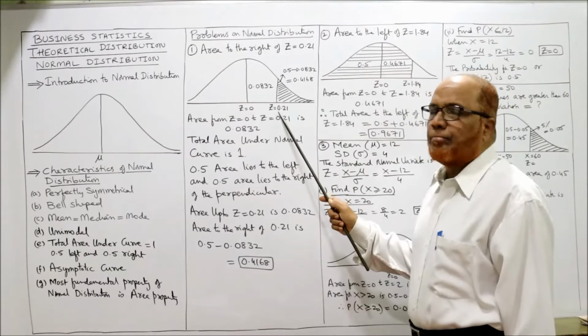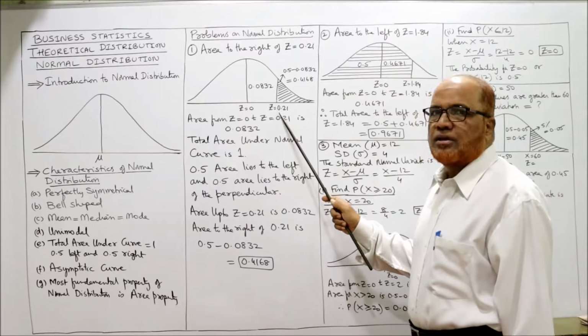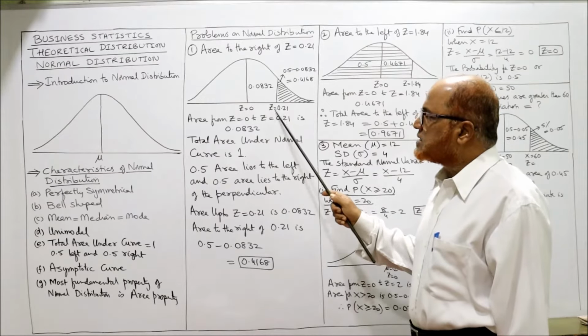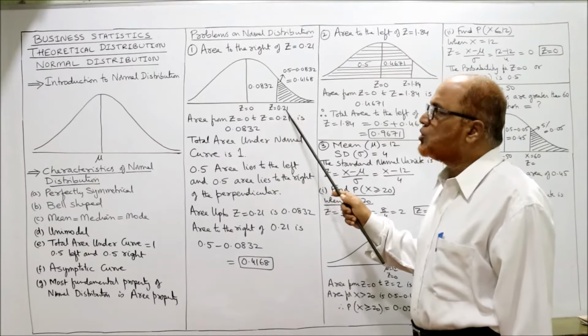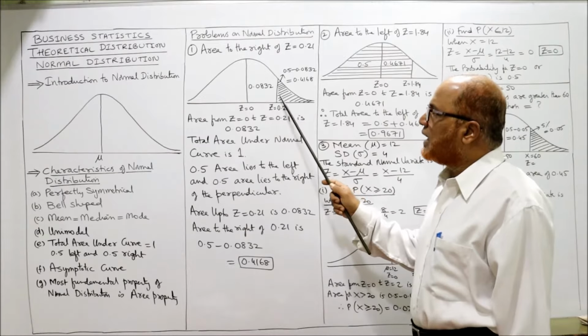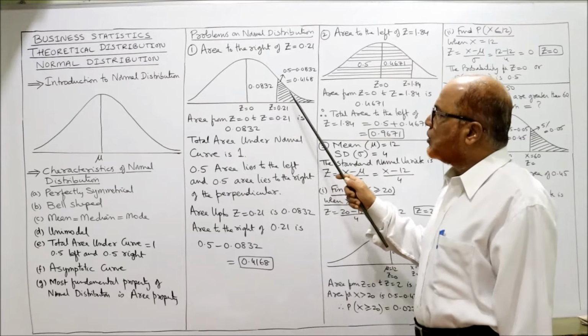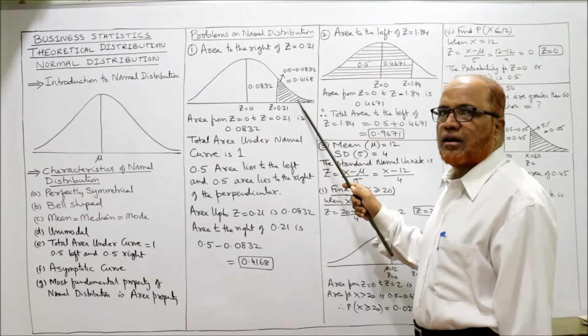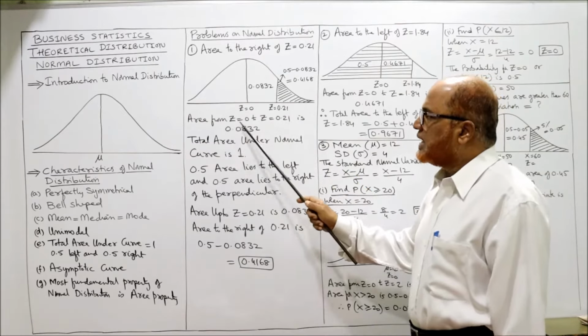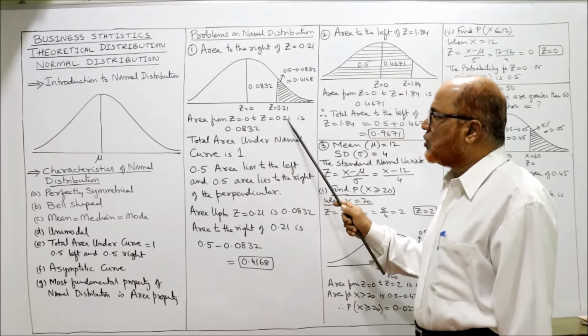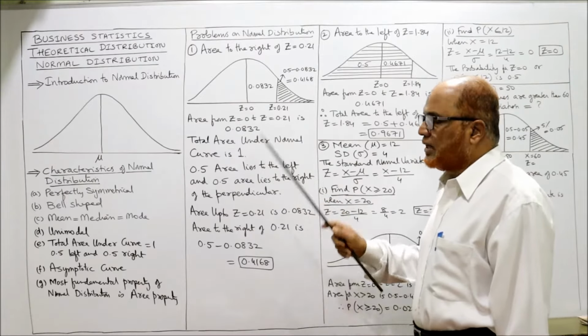I have taken z 0.21 here because it is a positive value. The central value is 0, so on the right side is z equal to 0.21. Now I need the area to the right of z 0.21. Right side means this area, so this shaded area I require. Now the area from z equal to 0 to z equal to 0.21 is 0.0832.